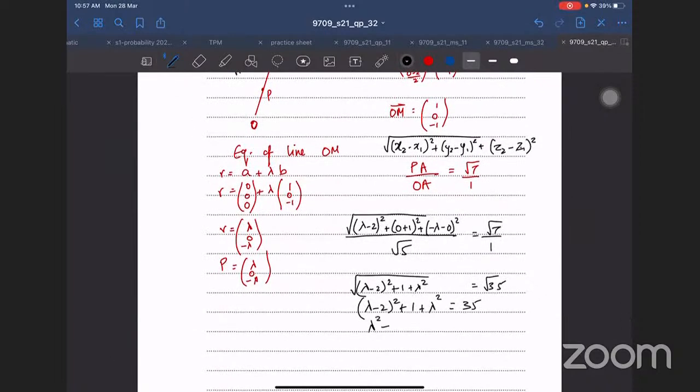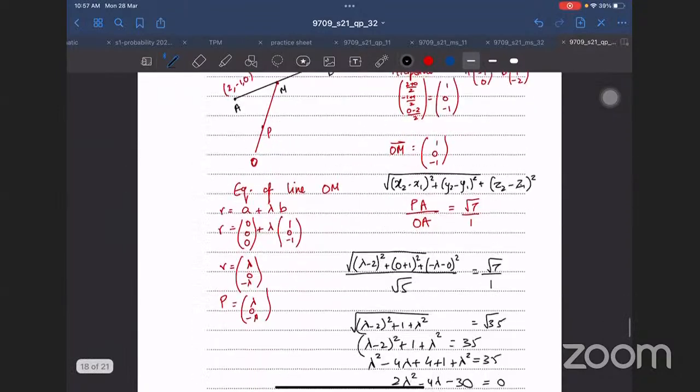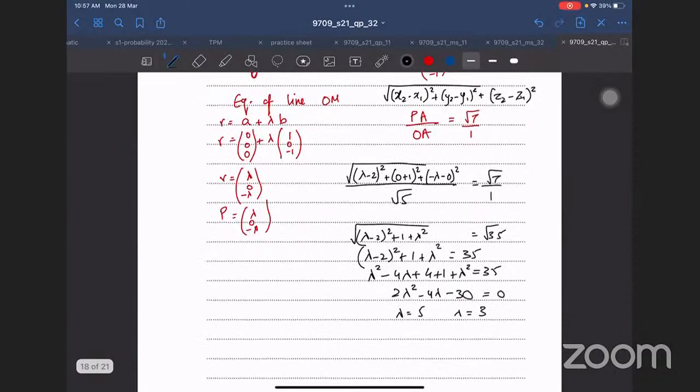So lambda square minus 4 lambda plus 4 plus 1 plus lambda square equals 35. 2 lambda square minus 4 lambda minus 30 equals 0. कैलकुलेटर पे लगा दो. एक lambda 5 आ रहा है और एक -3 आ रहा है. चेक कर लो जरा. सही है.